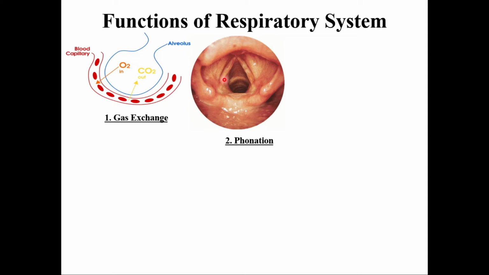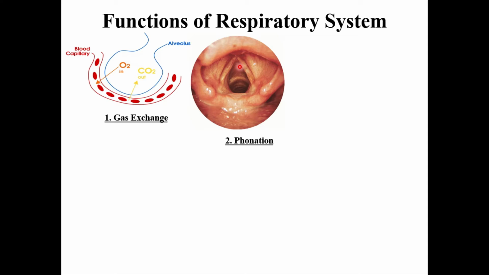Pitch can be changed based on the thickness or length of the vocal cords. That is, phonation is the production of sound by the movement of air through these two vocal cords. Speech, singing, and other sounds are produced by the actions of the central nervous system controllers on the muscles of respiration, causing air to flow through the vocal cords and the mouth.